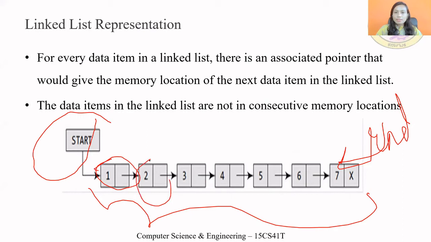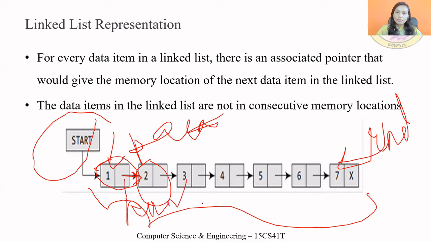This is singly linked list, so it will go only one direction. One is your data and second is your pointer. Pointer to next element, and so on. This is also data. This is pointer. So like this you have your elements.